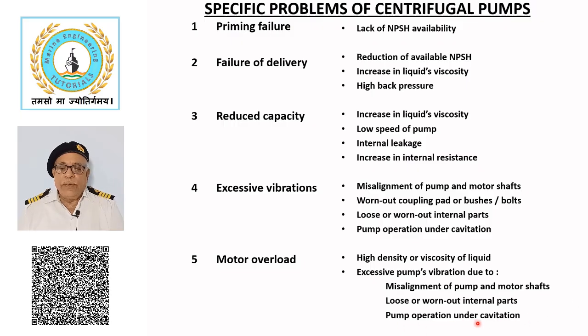Check the pump's operating condition to avoid cavitation. Motor may get overloaded due to problem in the winding such as single phasing, short circuit, etc. Stuck rotor, incorrectly set or defective overload relay.